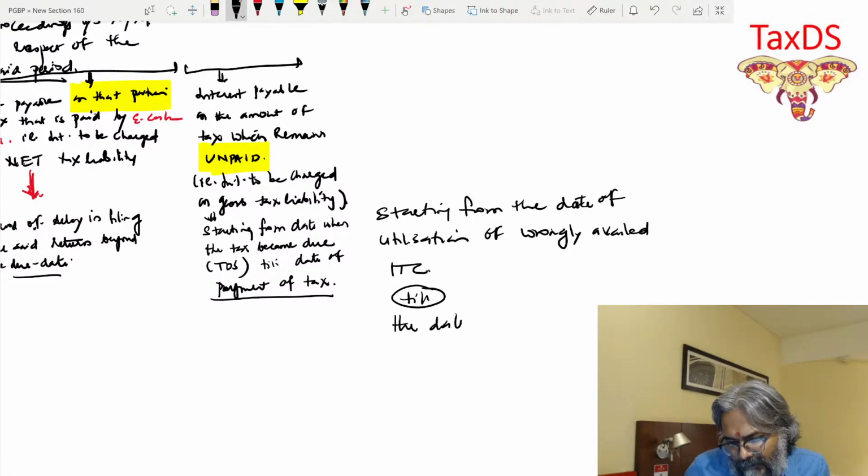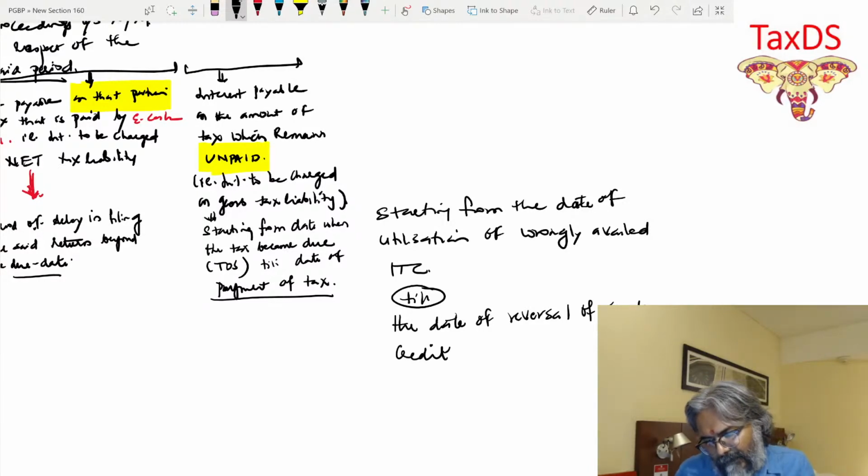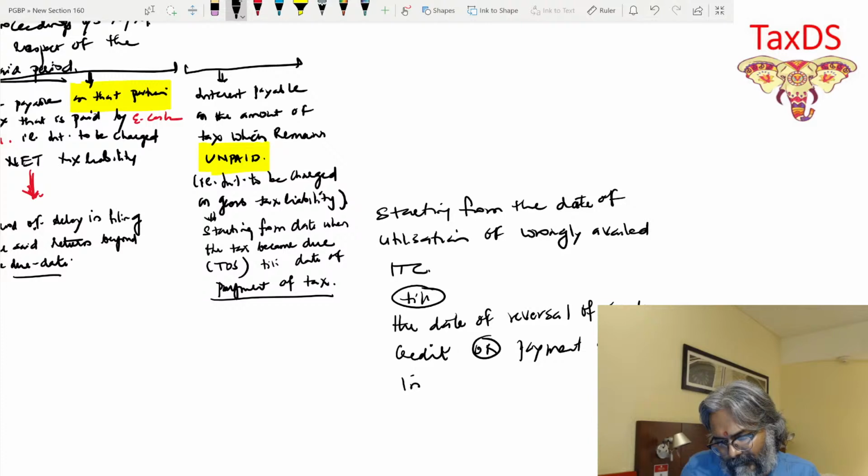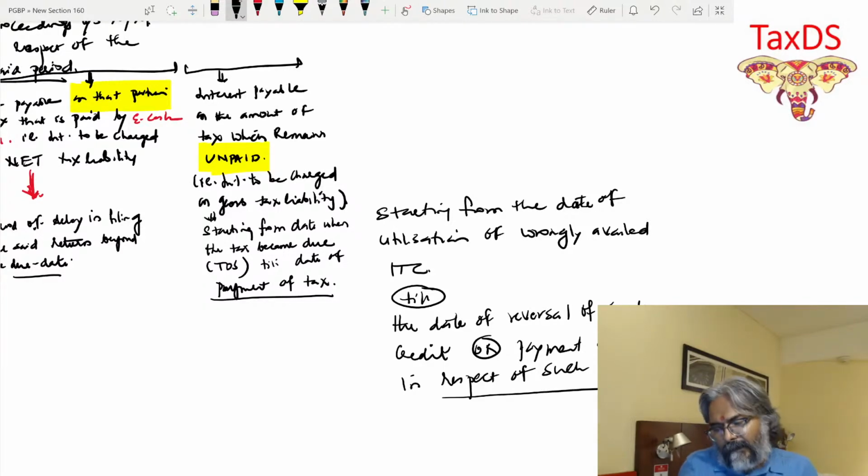The date of reversal of such credit, or payment of tax in respect of such amount.